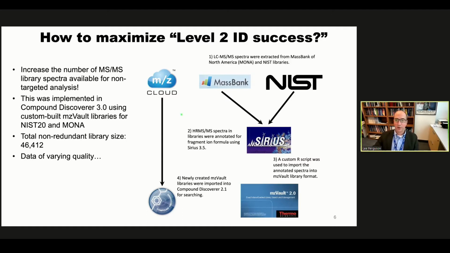non-targeted analysis. And the way we did this was that we combined the 3 largest compiled and curated mass spectral libraries. That is the NIST mass spectral library, the MassBank open source mass spectral library, and the more proprietary mzCloud mass spectral library. And we put these together, especially MassBank and NIST, into a funnel of data processing, such that we could take all of these spectra and combine them into a single workflow.